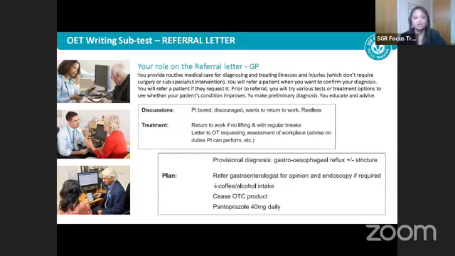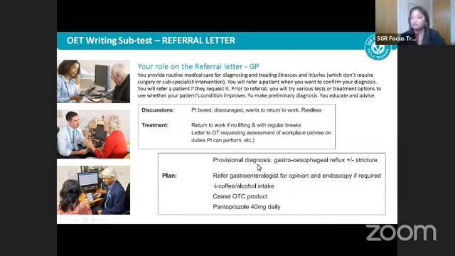So for a GP to specialist referral letter, you'd normally see a few things that are quite common to what you do for the patient prior to referring. You would notice that you have discussions with the patient, and that there are treatments that you provide the patient as well. Right towards the end, you will make your provisional diagnosis.